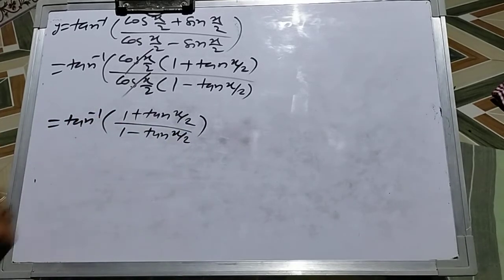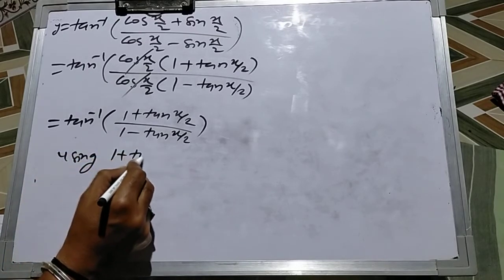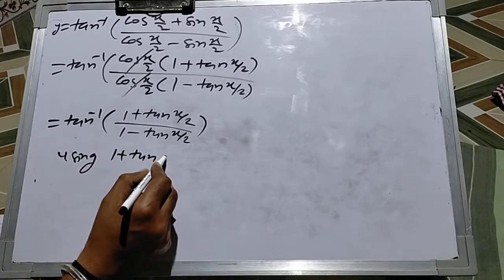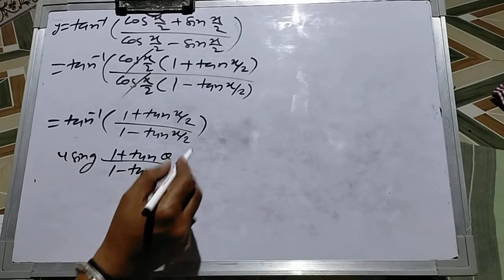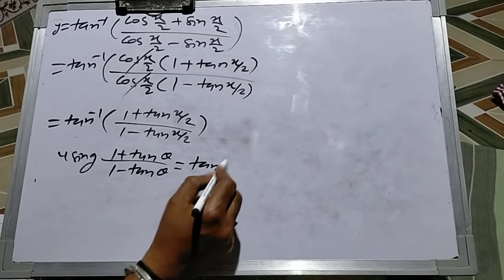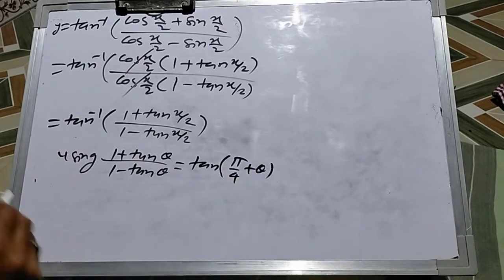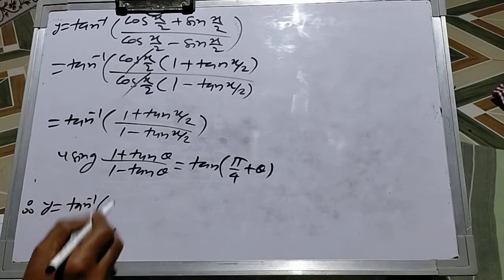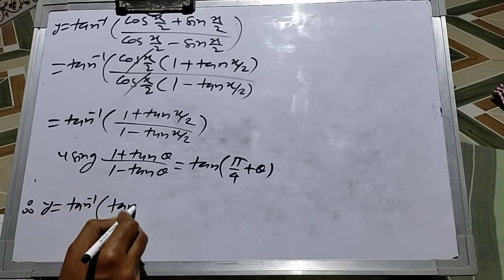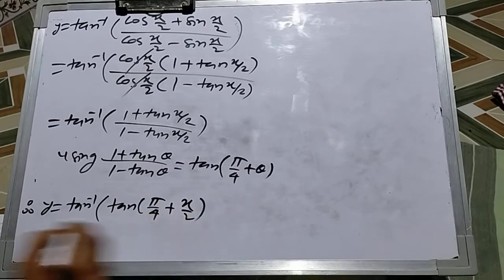Now again here using the formula 1 plus tan theta divided by 1 minus tan theta is equals to tan of pi by 4 plus theta. So therefore y is equals to tan inverse of tan of pi by 4 plus x by 2.